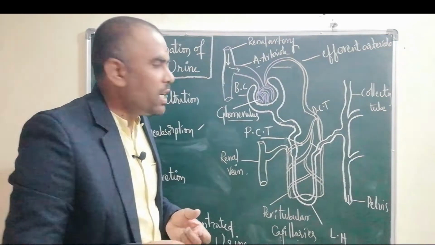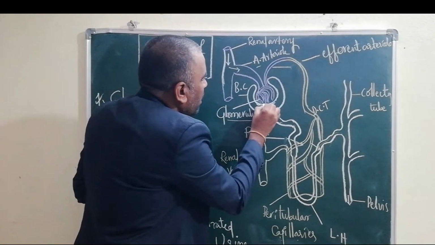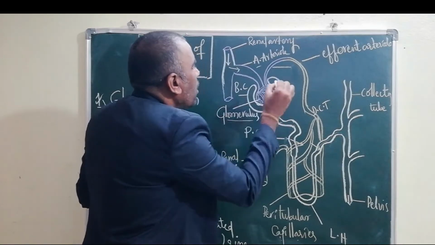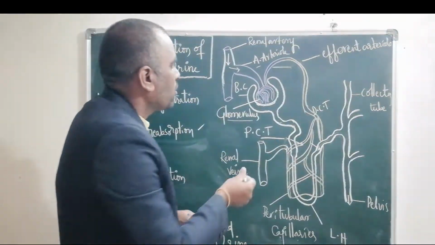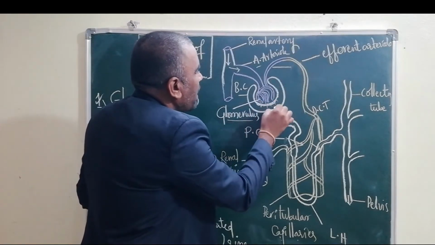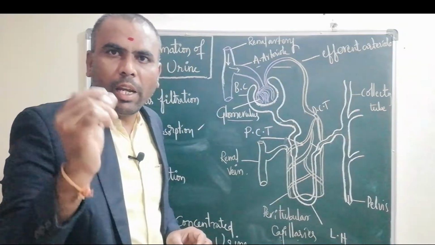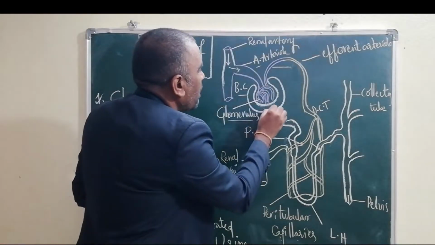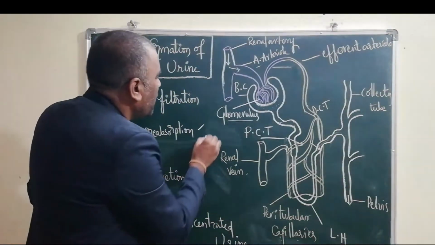The Bowman's capsule has tiny cells called podocytes, and between the podocytes some holes are present. Through the holes, the liquid part enters into the Bowman's capsule. We call the liquid part primary urine.